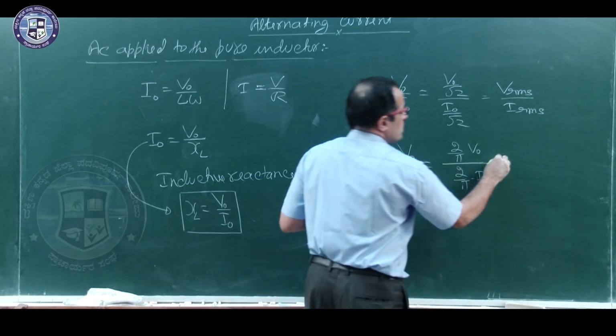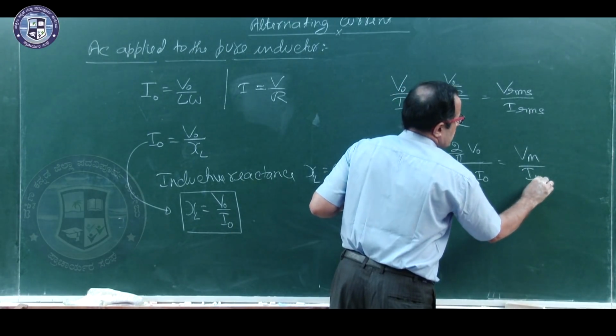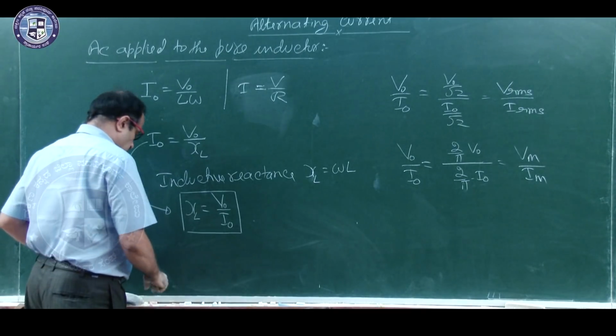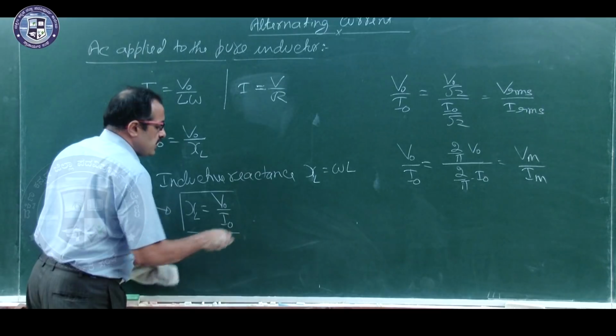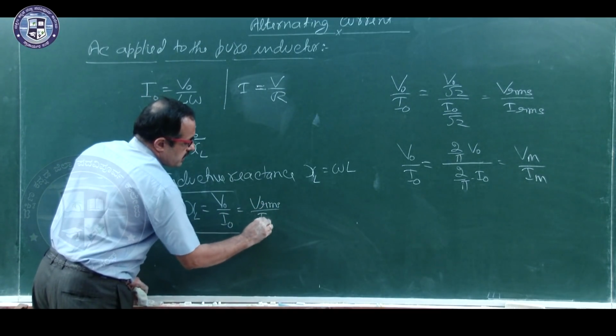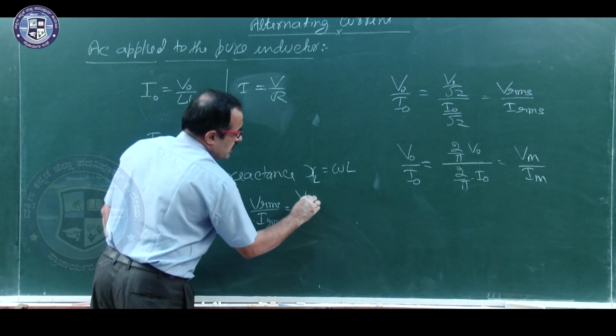But what is this value? Mean value of AC. This is the mean value of current. Therefore, V naught by I naught is also equal to Vrms by IRMS, which is also equal to Vm by Im.